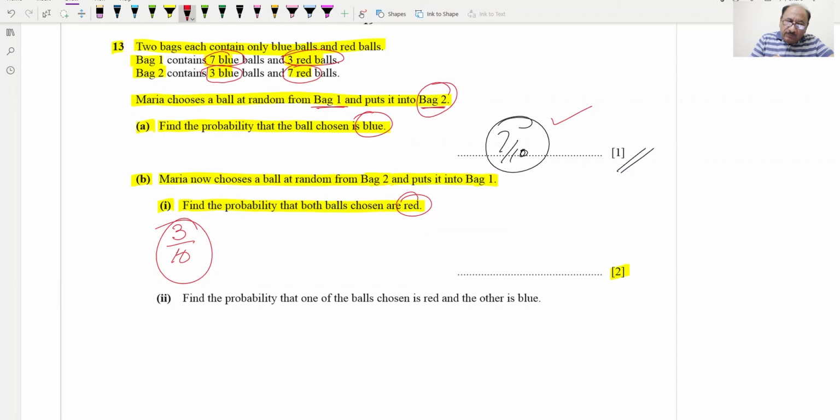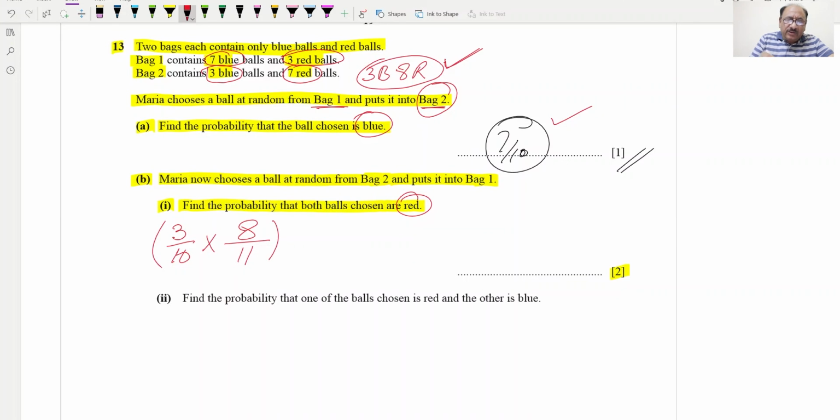And after replacing this ball, the situation in bag 2 is that it now has 3 blue and 8 red balls. This is the situation when we are taking the second ball. Now from this situation the probability of red is 8 over total 11, so 8 out of 11, and we'll multiply.